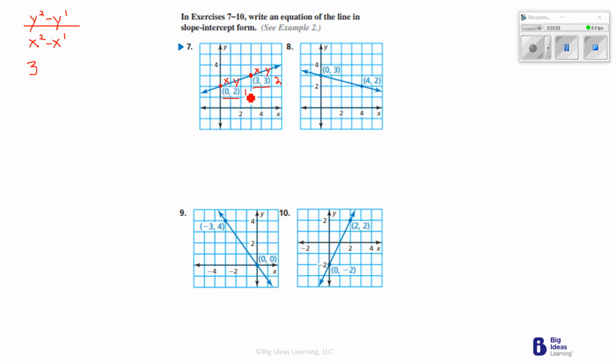So y1, as we see here, is 2. So it would be 3 minus 2, and then x2 is 3 minus x1, and x1 over here is 0. This will give us 3 minus 2, which is 1, and 3 minus 0, which is 3. So our slope is going to be 1/3.